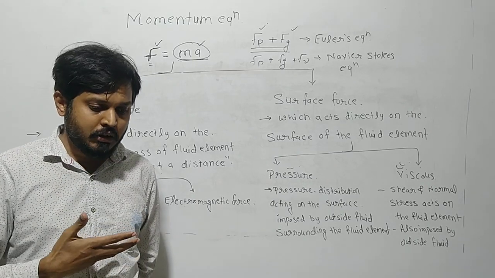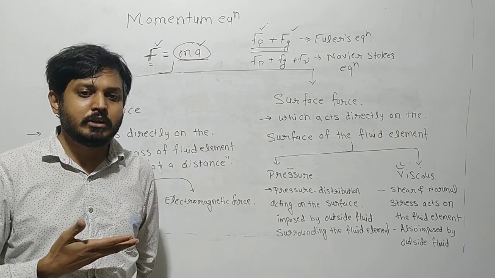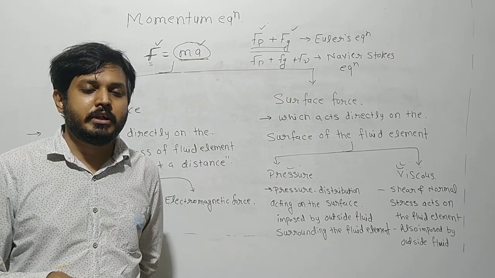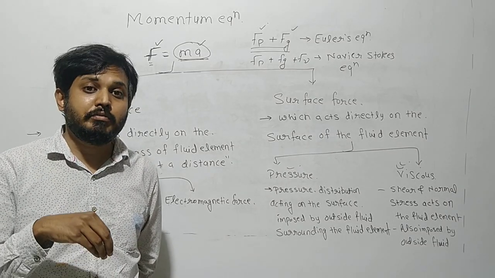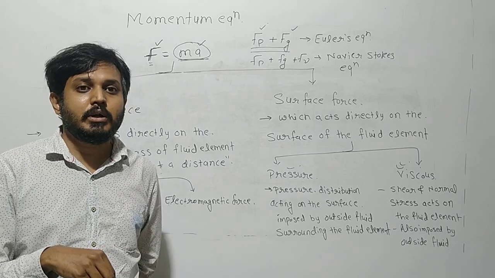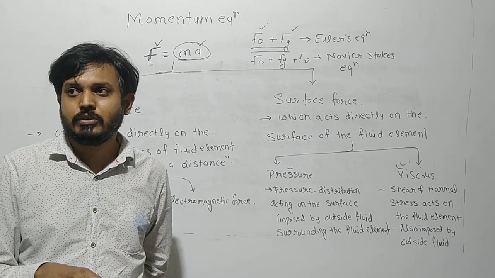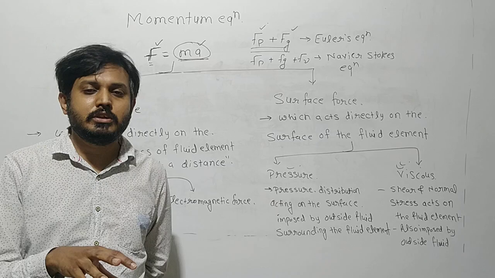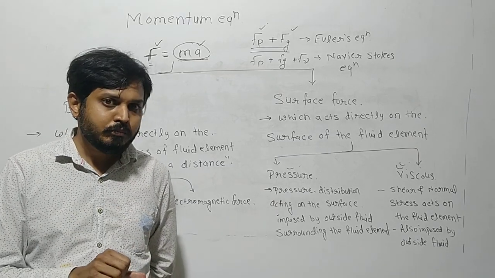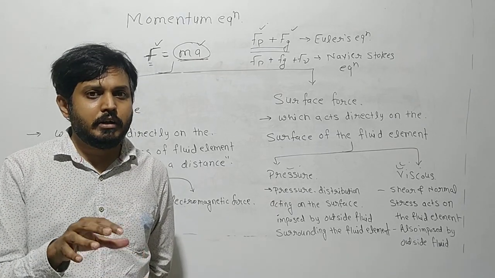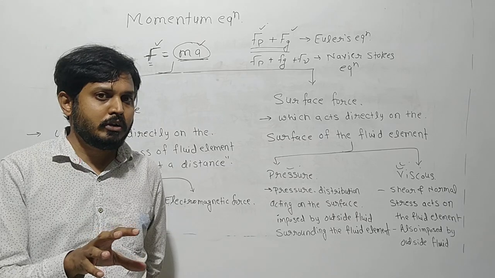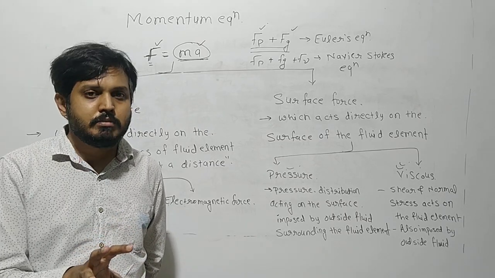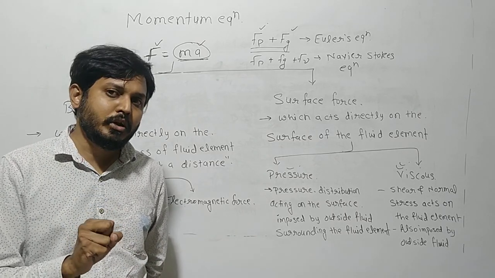If we consider weight concentrated at the center of gravity, that weight is one of the body forces. Second, electromagnetic force is also a body force which acts on the complete body. Similarly, buoyancy force is also a body force.